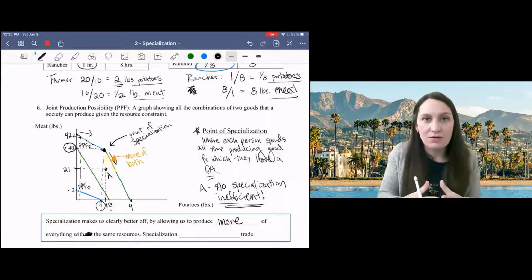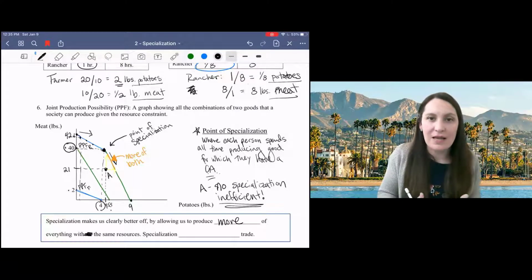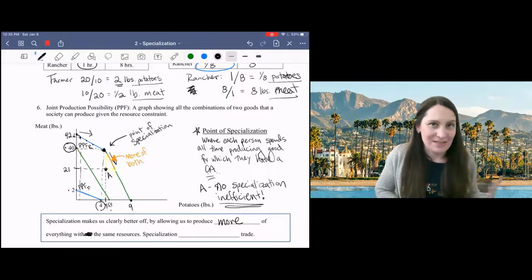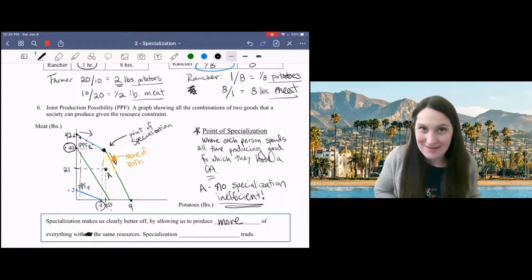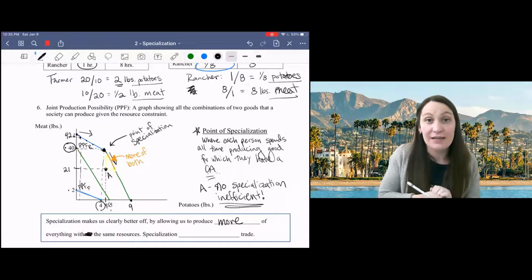So in our world with scarce resources, the way that we get the most value out of those resources is to specialize. Now, this lecture started out about trade, and specialization and trade are intricately linked. Because without trade, we won't want to specialize.